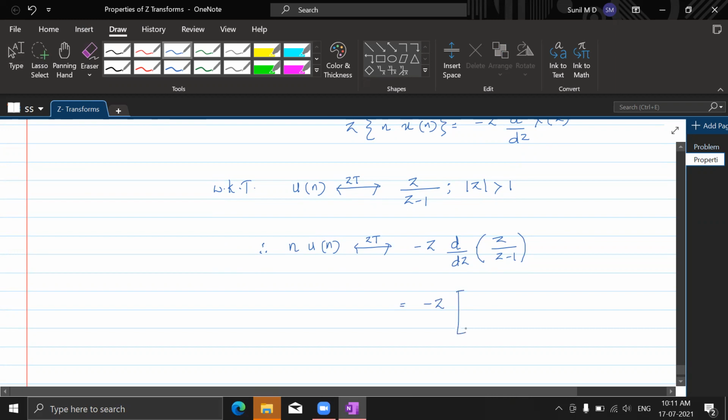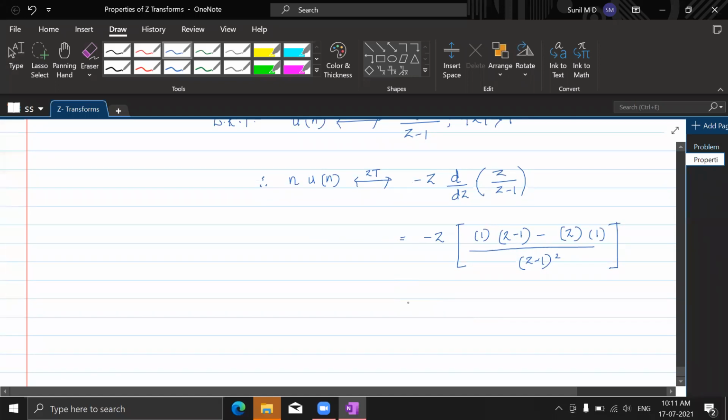And it is the differentiation of the numerator, keeping the denominator as it is, minus keeping the numerator as it is and taking the differentiation of the denominator, divided by the square of the denominator, right? So this is what the differentiation of z by z minus 1 looks like. Fine. So further, what would be the case?